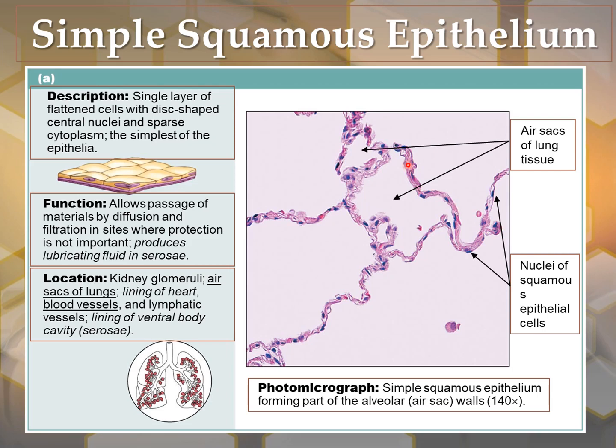So we want to be able to have the oxygen and carbon dioxide diffuse very easily through that epithelial tissue and into the bloodstream, okay? So we also see it in the lining of blood vessels and lymphatic vessels, okay? So we do see it throughout the body, the simple squamous. So it's a very common epithelial tissue throughout the body.